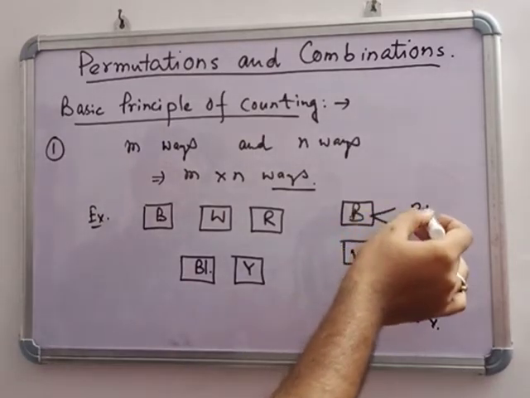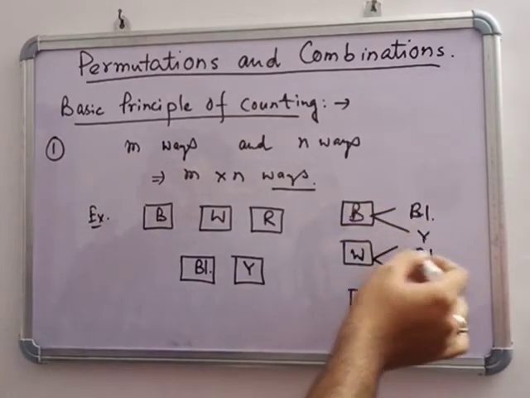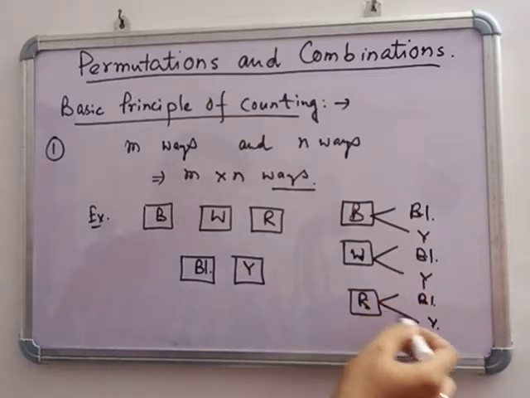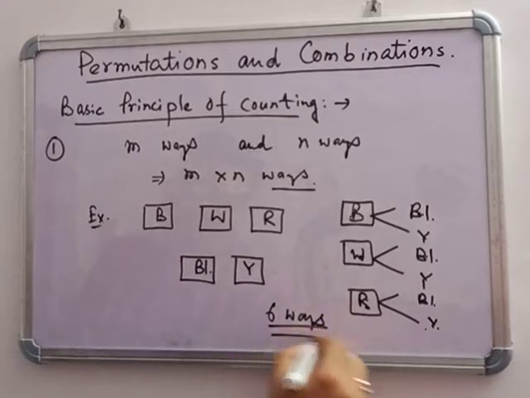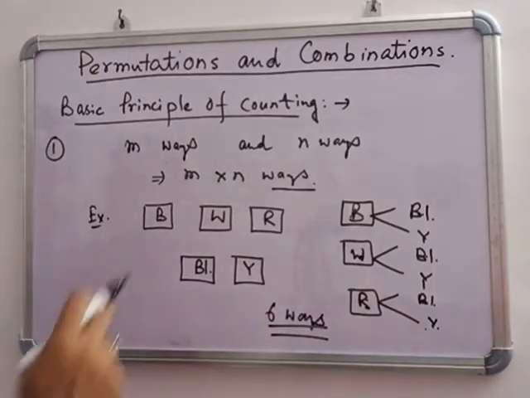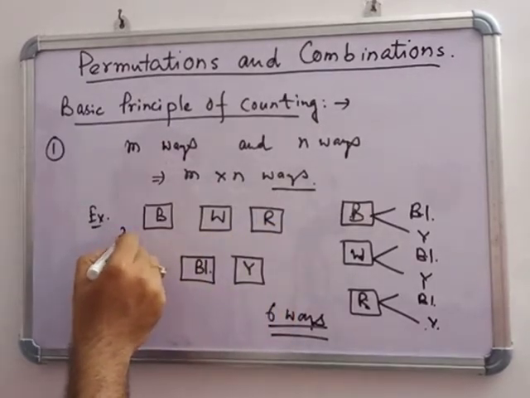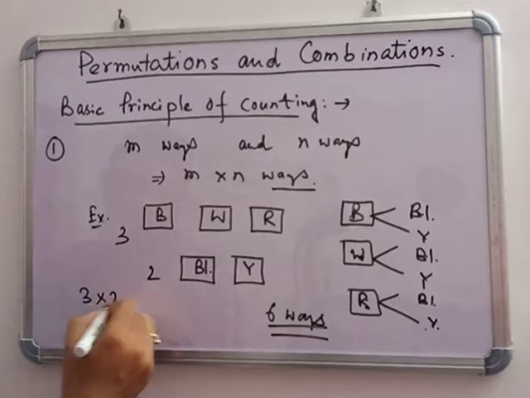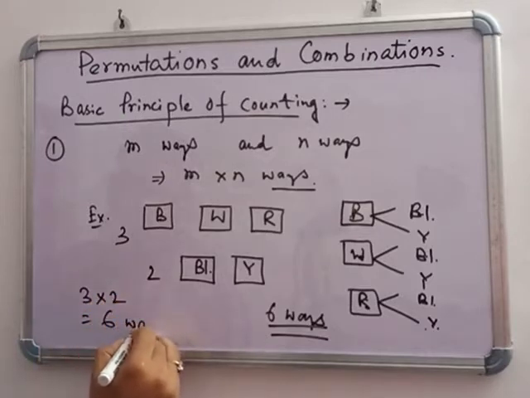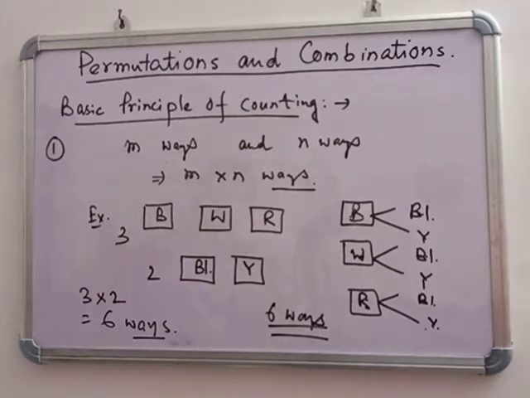This combination is 1, 2, 3, 4, 5 and 6. So six ways are there to choose. That means the number is 3 here and the number is 2 here, so 3 into 2 means 6 ways are there. So this is called the multiplication principle of counting.